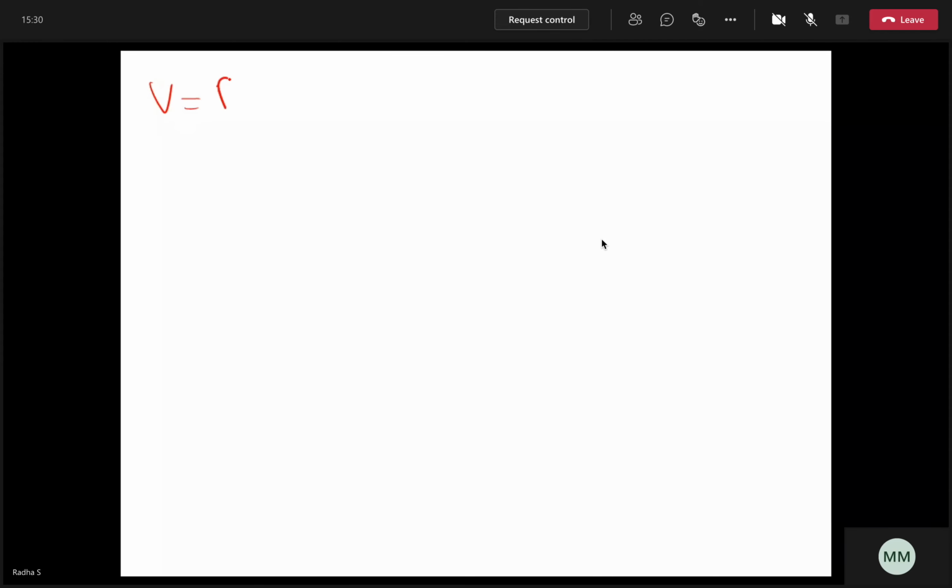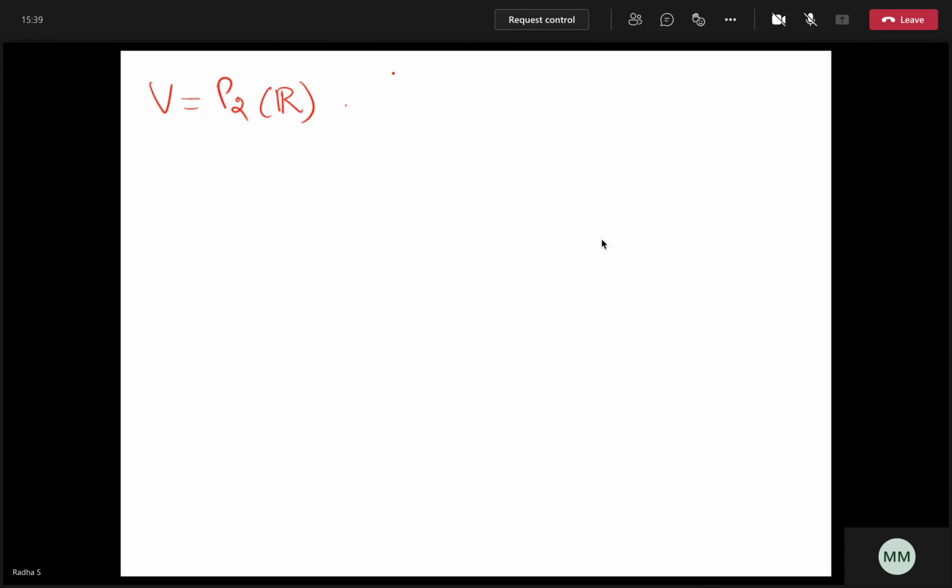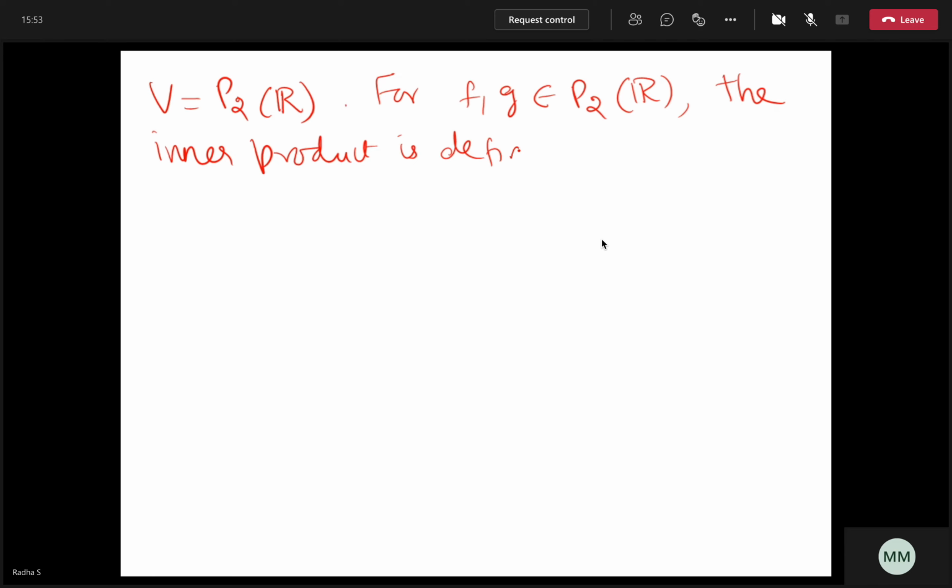V is equal to P2 of R. Right? For f, g belonging to P2 of R, the inner product is defined as inner product of f, g is integral 0 to 1 f(x) g(x) dx.